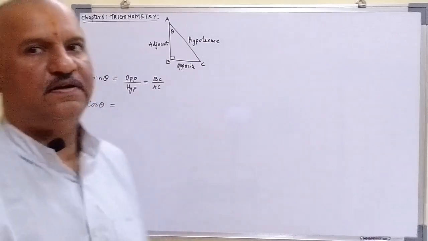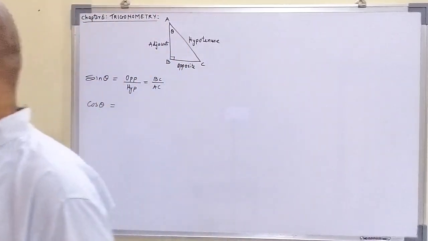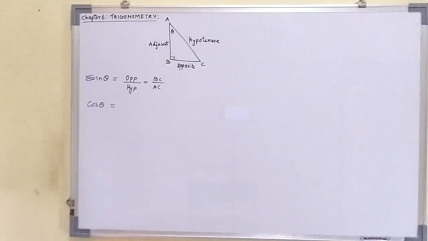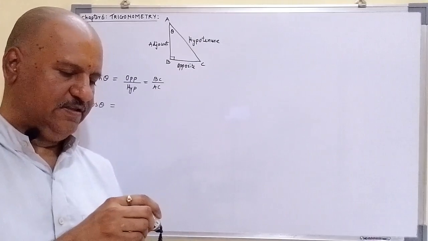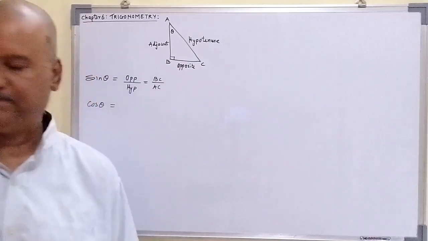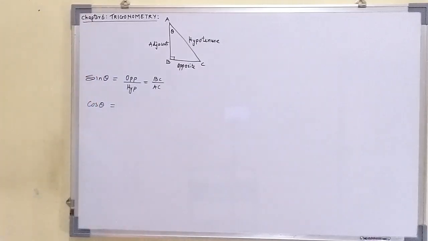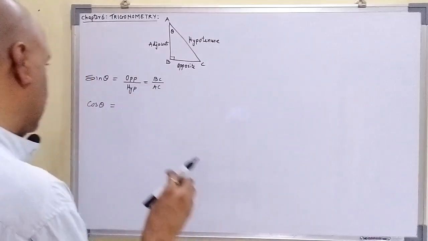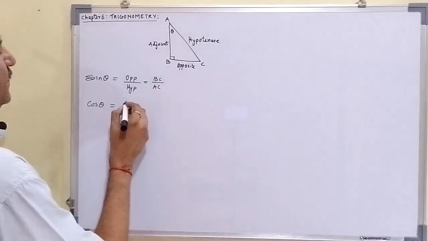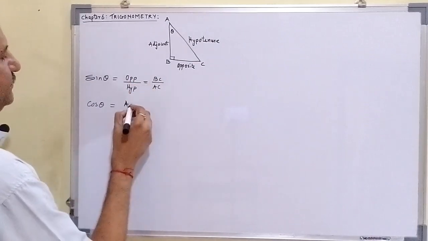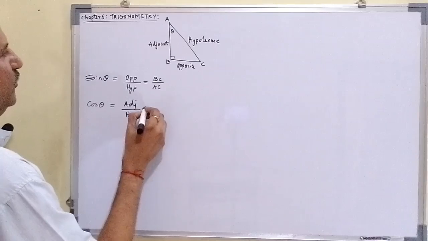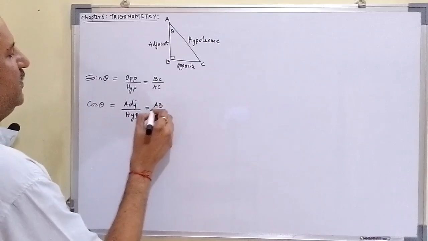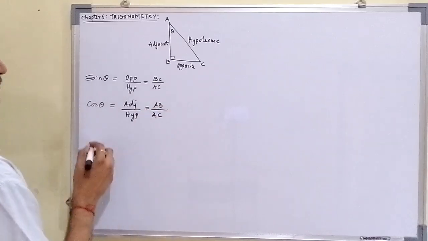Cos theta means cosine theta, the short form we call it cos. This is the adjacent side upon hypotenuse, that is AB upon AC.